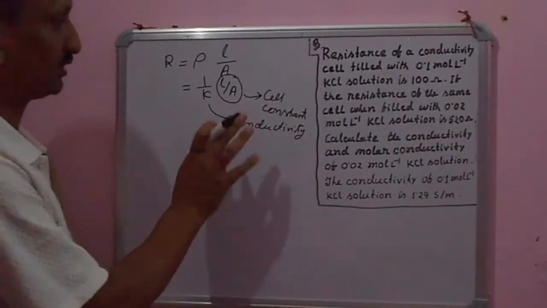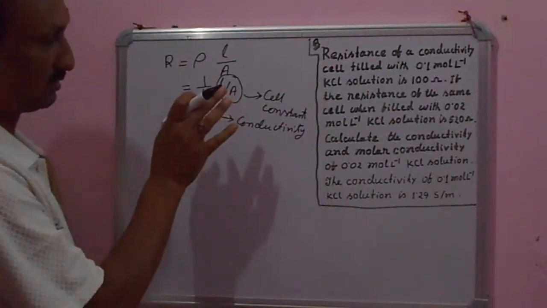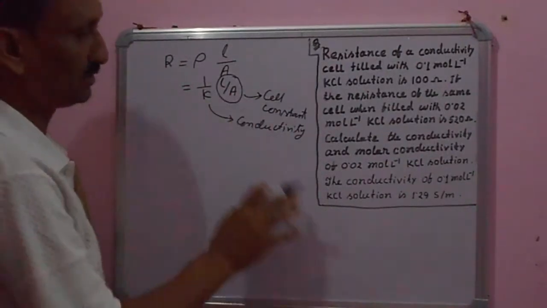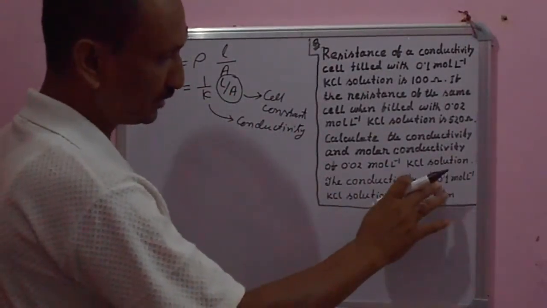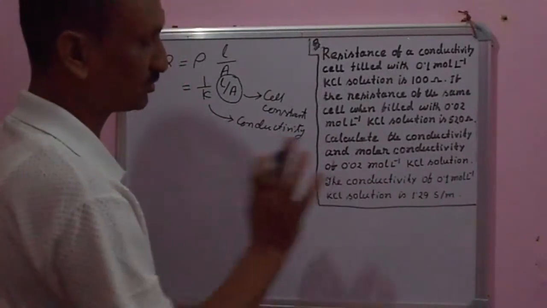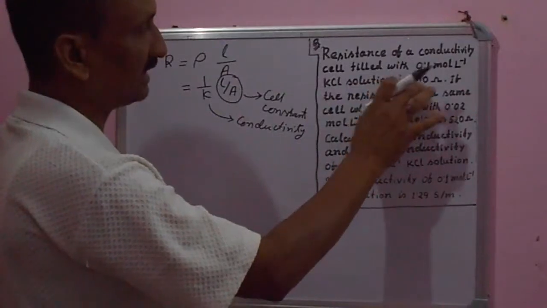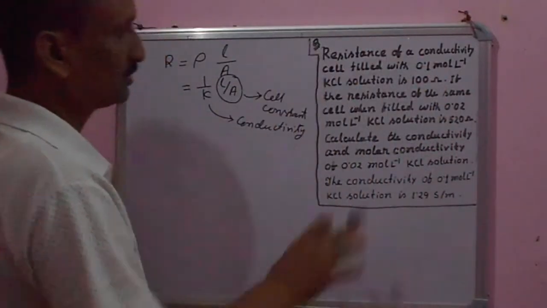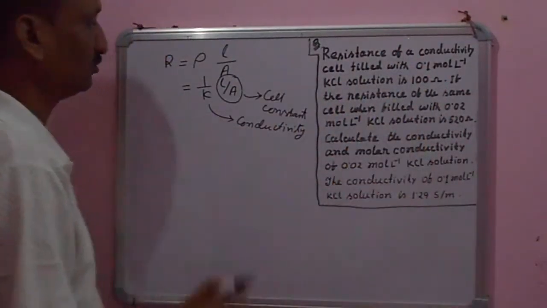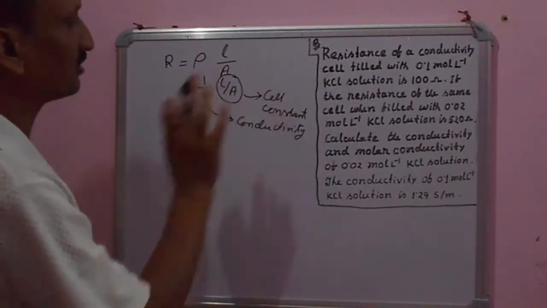So first here what we have to do is consider the known solution, whose conductivity is given, that is 0.1 mole per liter KCl solution. Its conductivity is given, and resistance, that is 100 ohm, is also measured. So from this solution we have to first calculate the cell constant.